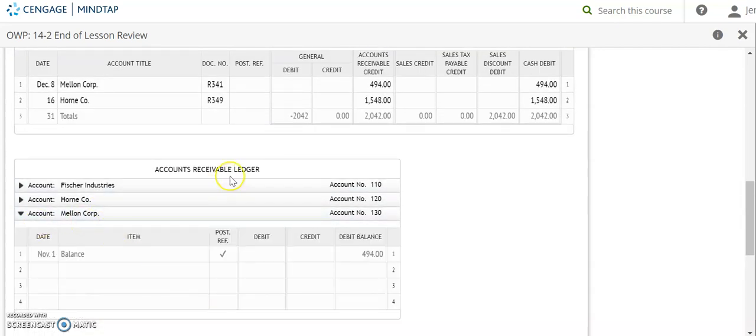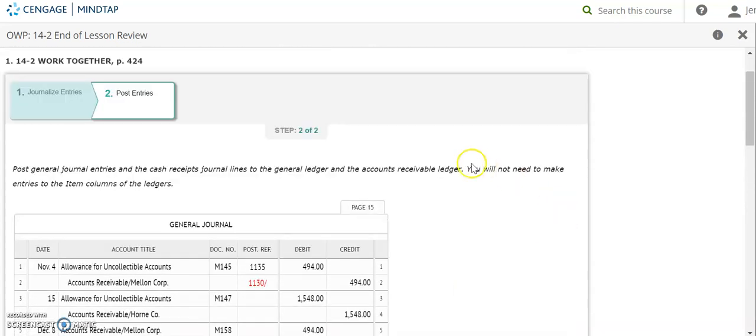So my Mellon Corporation is my accounts receivable ledger. The date is the 4th, G15. I'm crediting for $494. Now, if we were doing paper and pencil, we would just draw a line through this. But since we're not, we're going to put a 0. The other thing, this is where they were talking about you will not need to make entries to the item columns.